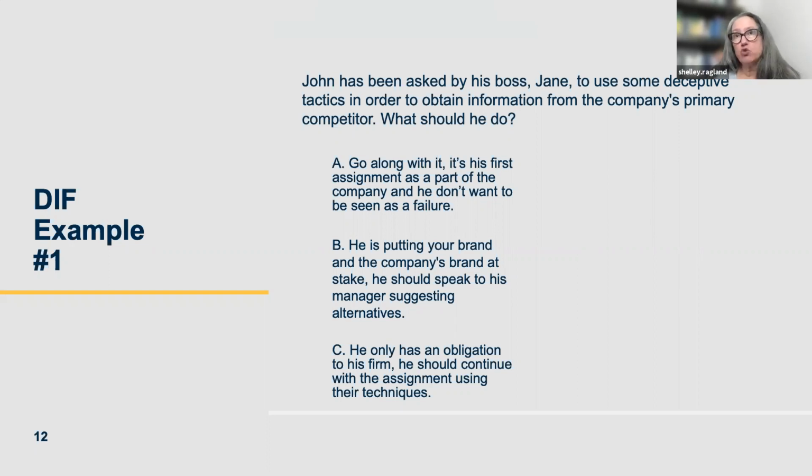And we have a situation with a little bit of context where John has been asked by his boss, Jane, to use some deceptive tactics in order to obtain information from the company's primary competitor. What should he do? Clearly, this is a business ethics question, and you have some answer options that could be chosen. One is clearly the right answer.